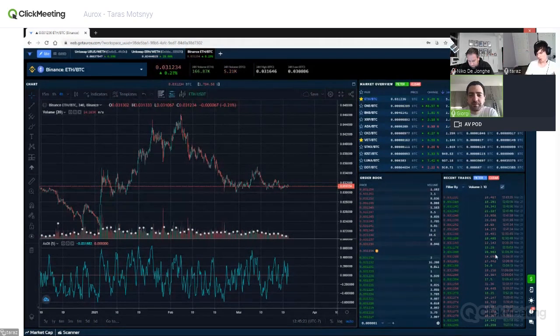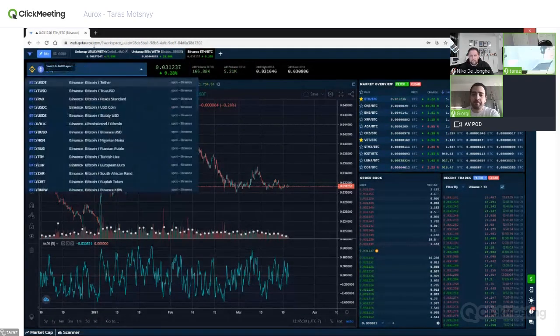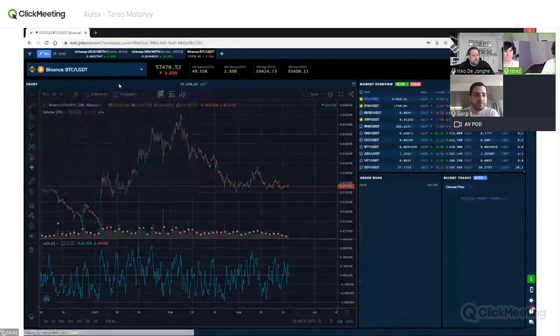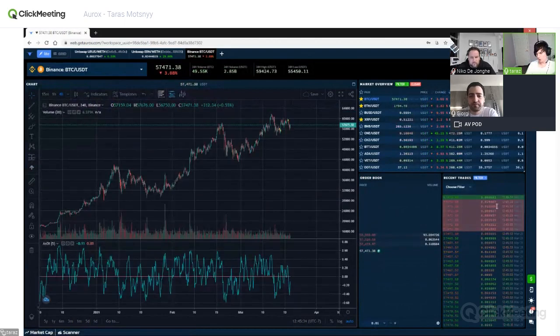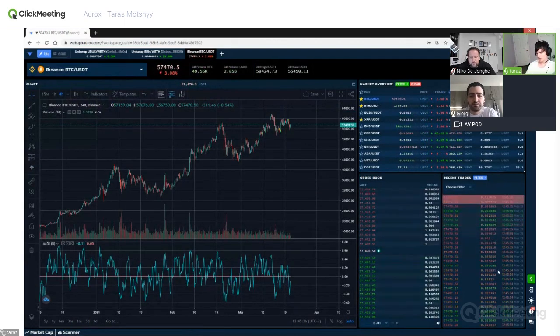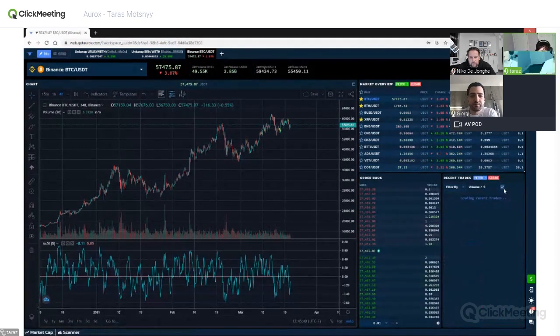So with this, if you want to see what the whales are doing, let's say we open up Bitcoin, and you don't want to see all these little trades happening for $50, $100, $200, you can set it to show trades happening only 5 Bitcoins or higher. So you could see what the whales are doing.